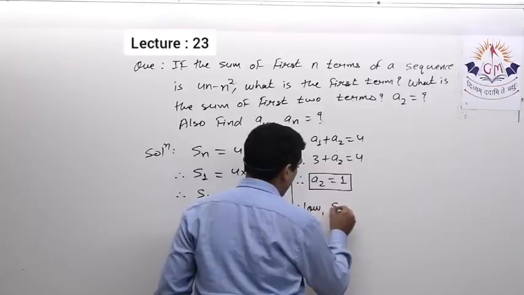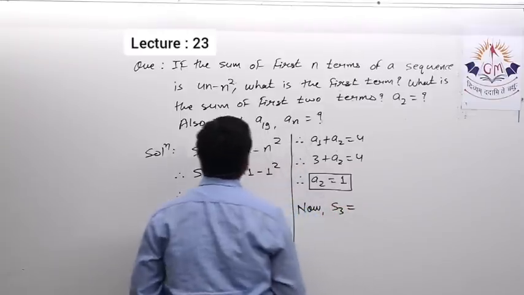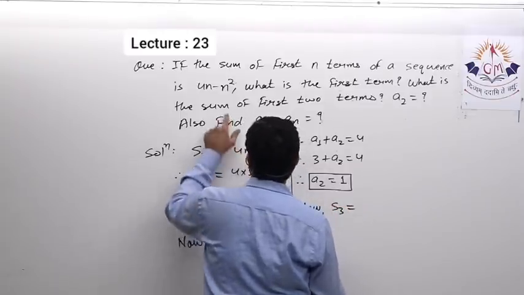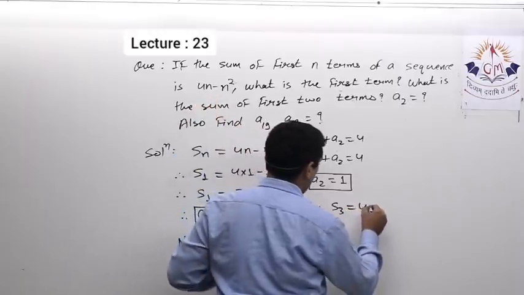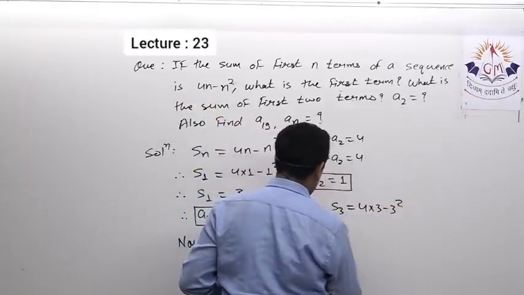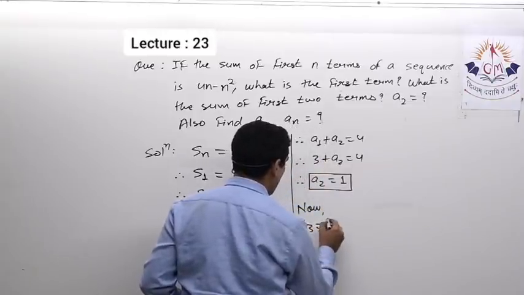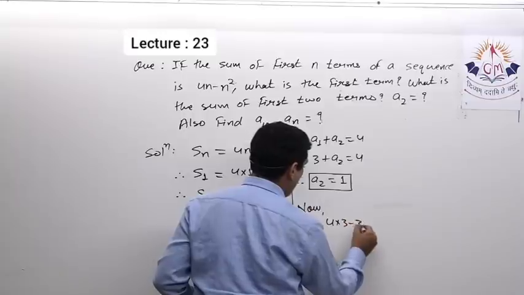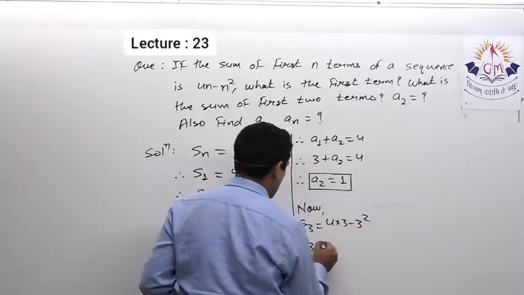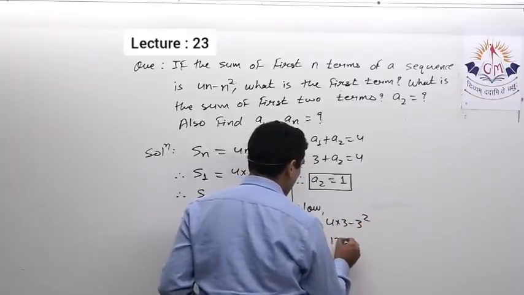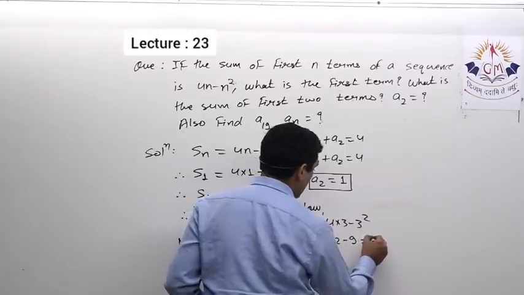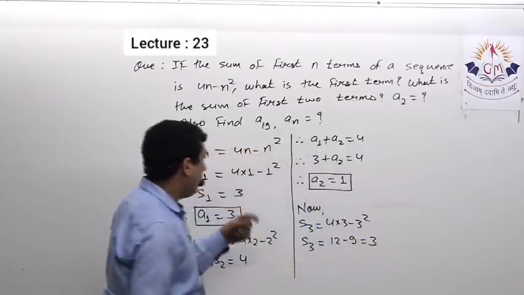Now S3 is equal to 4 into 3 minus 3 square. So S3 is equal to 12 minus 9, that is 3. So this is the sum of first three terms.